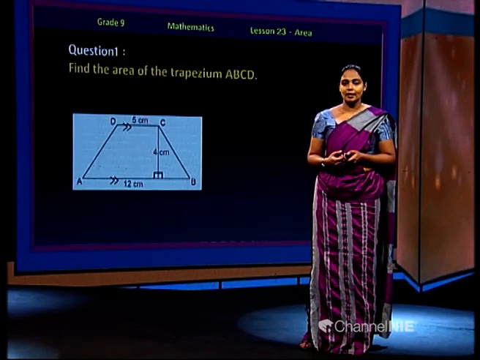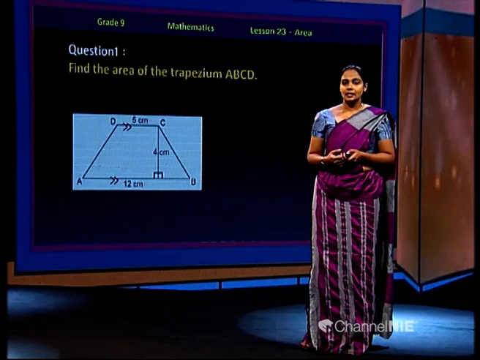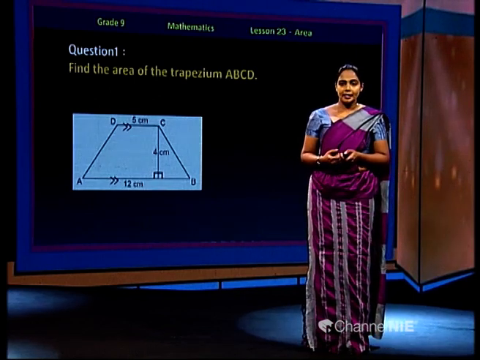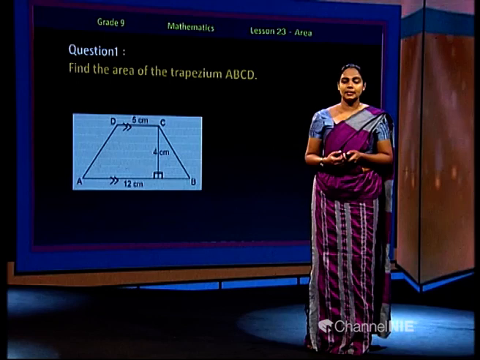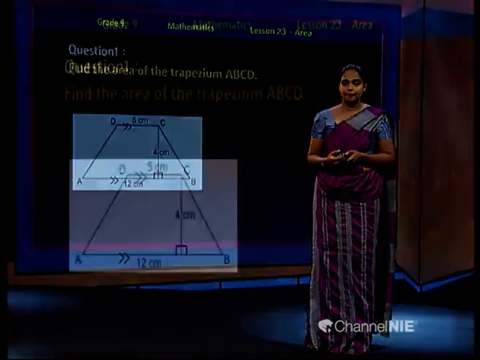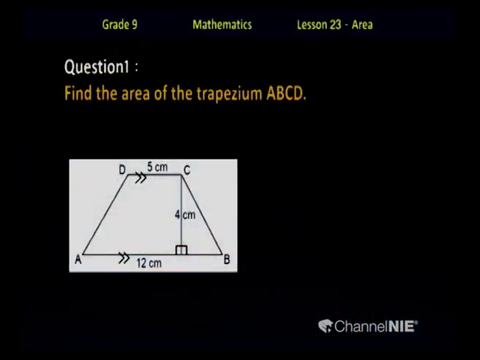Question number 1. Here you can find the area of the trapezium ABCD. You have enough information. The length of side AB is 12 cm, and DC is 5 cm.